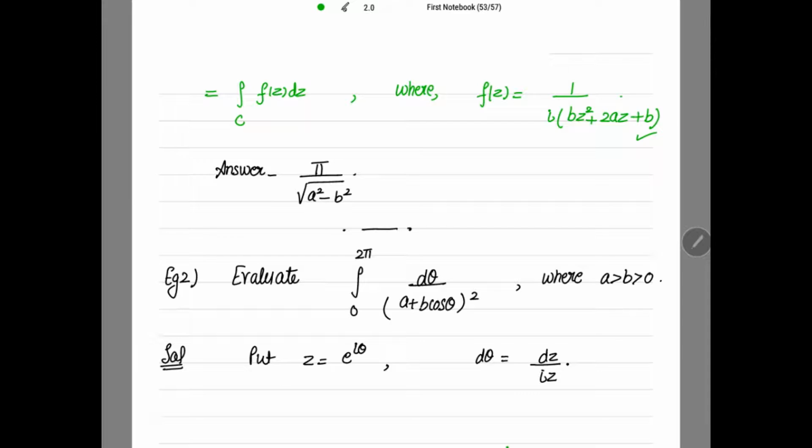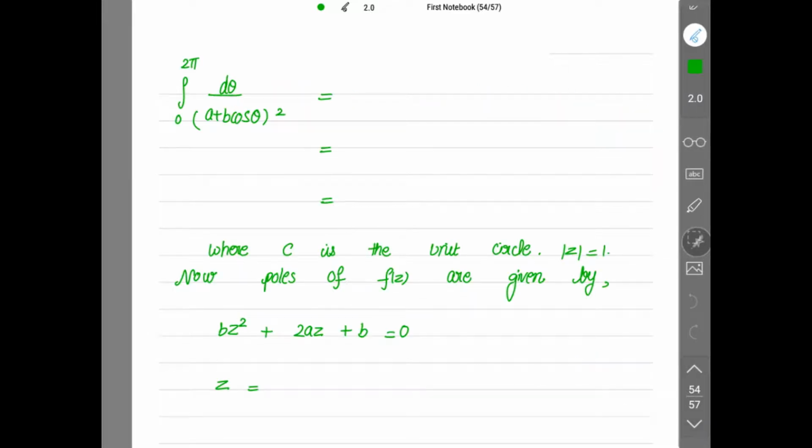Just we have to put z equal to e to the power iota theta and get d theta as dz over iota z. Putting this value into this integral and get your integral in z.